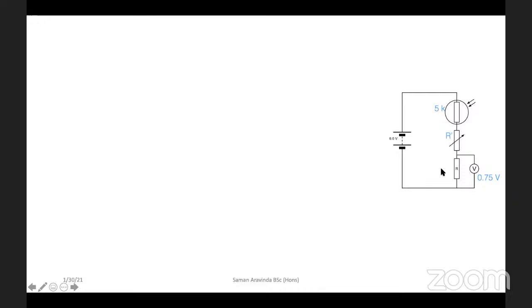We know R is 5K, it is said in the beginning. Is my data correct? 5K, and we need to find this.